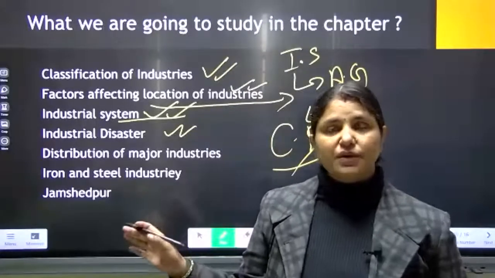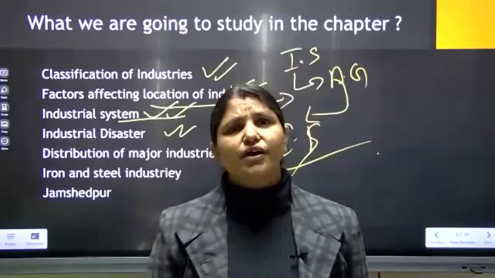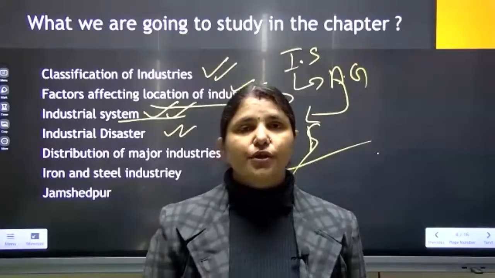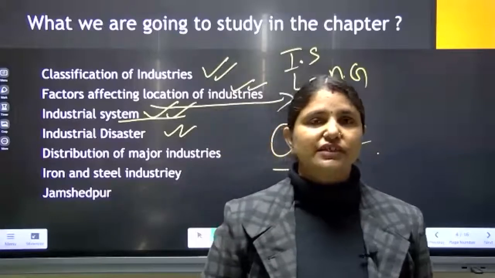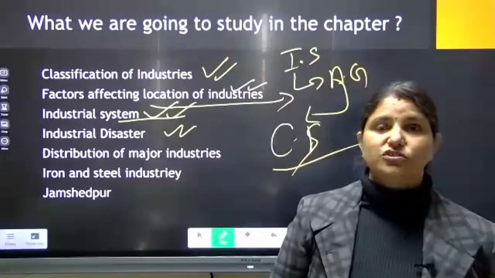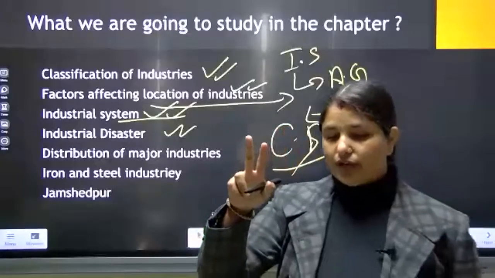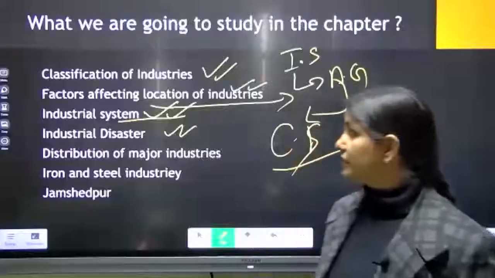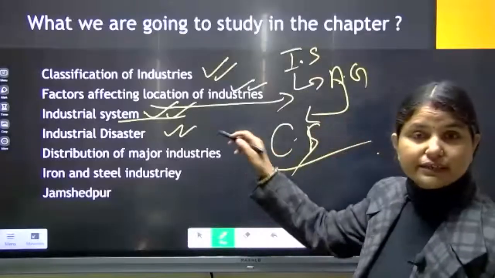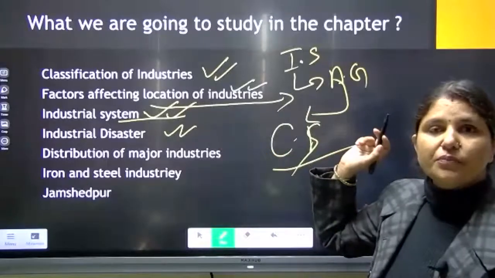In this chapter, we will study about that, whatever circumstances and situations there are because of which these industrial disasters happen. And I tell you one thing, this Bhopal gas tragedy we will study two times: once in this chapter and once in our civics, chapter 10.